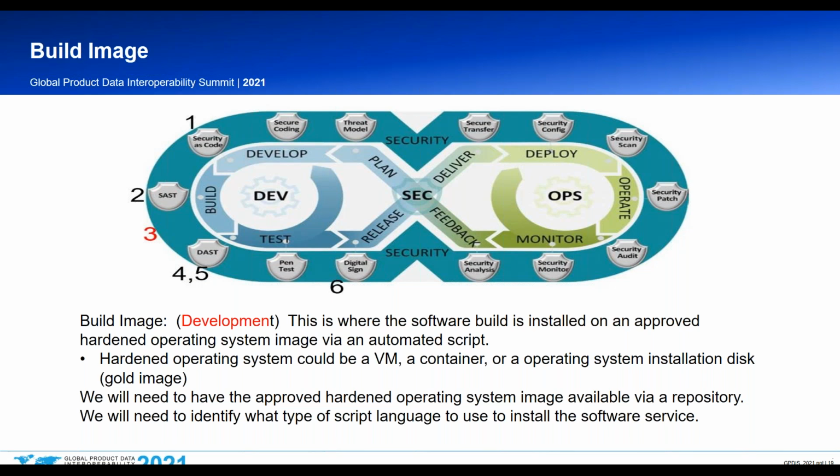So the build can occur and the development team can install that build via an automated installation script onto the same hardened operating system, whether it's a VM or container, to make sure that the automated installation script works properly against the same operating system that will be used from development through integration through operations.